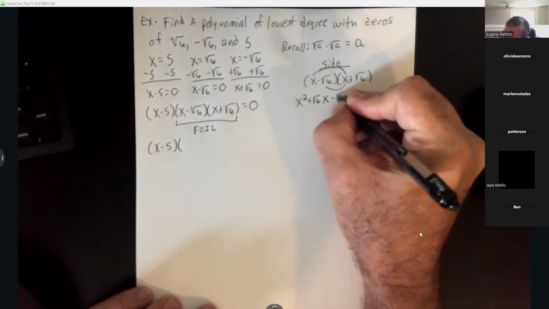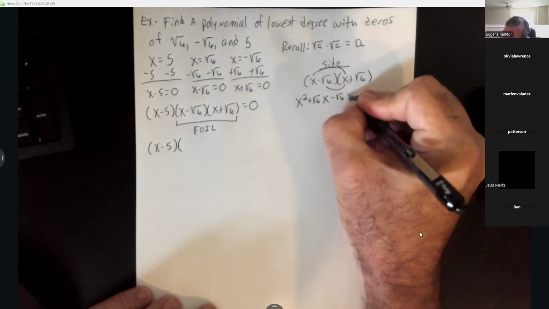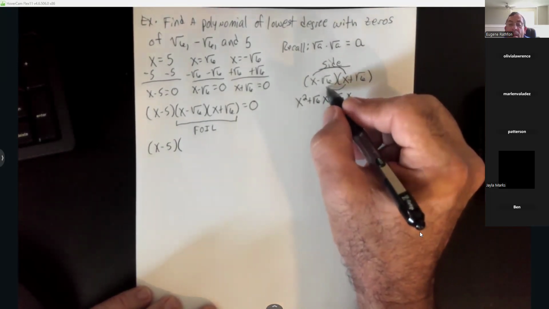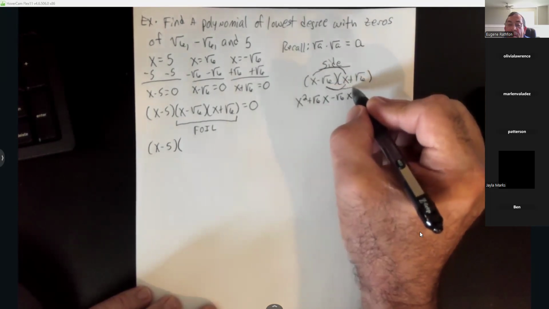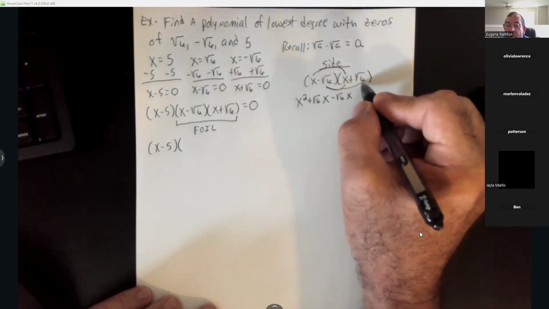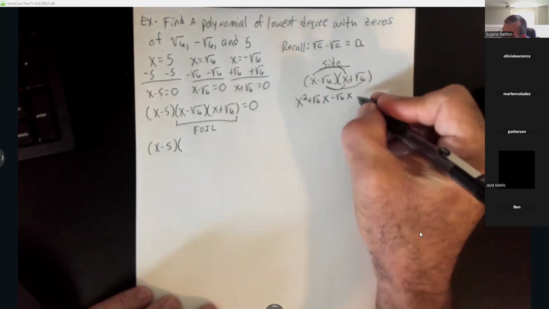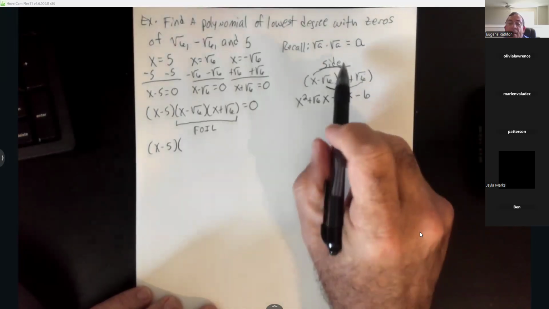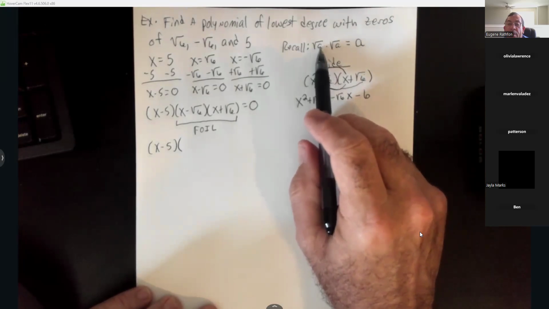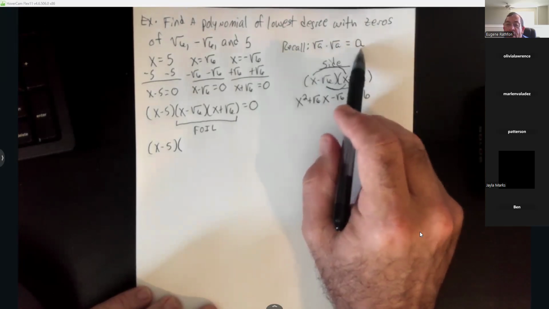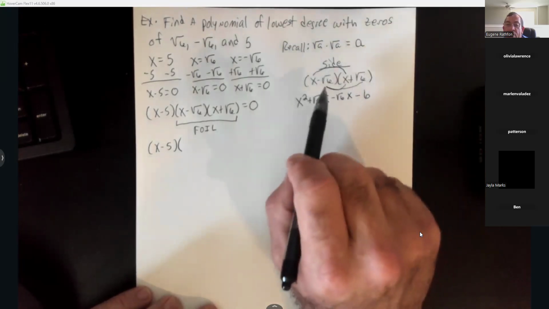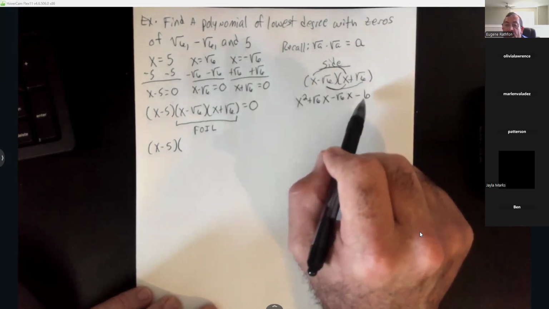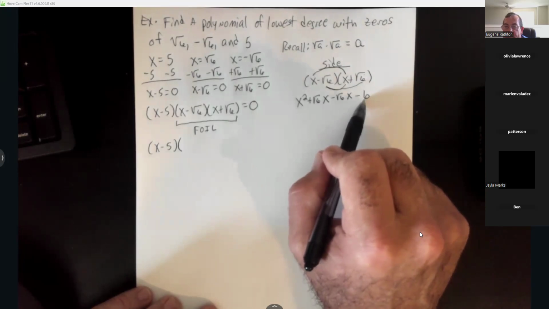And y'all look here. A negative square root of 6 times a positive square root of 6 is a negative 6. That goes back to this property. Square root times itself equals the number under the radical. So a square root of 6 times a square root of 6 equals 6.